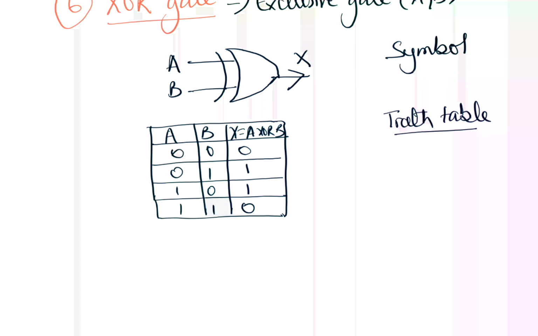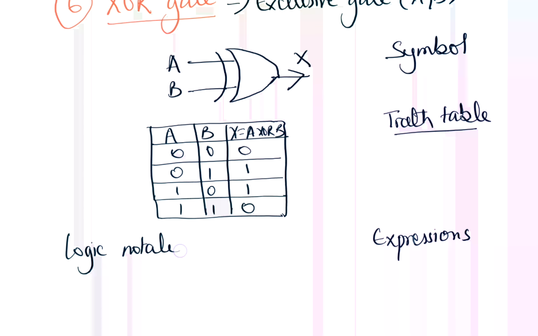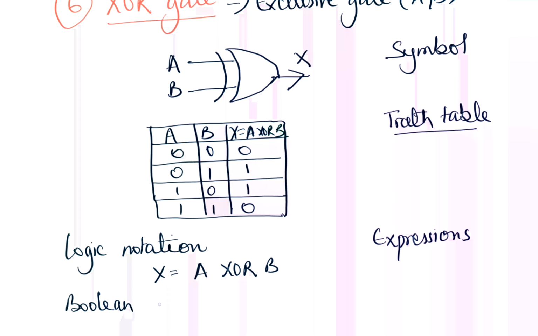Now let's have a look at the expressions. Logic notation: X is equal to A exclusive OR B. The Boolean algebra is a little bit different from the rest of what we have seen until now.